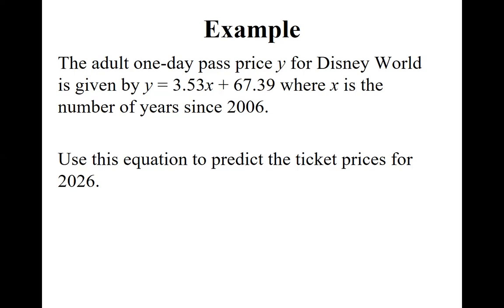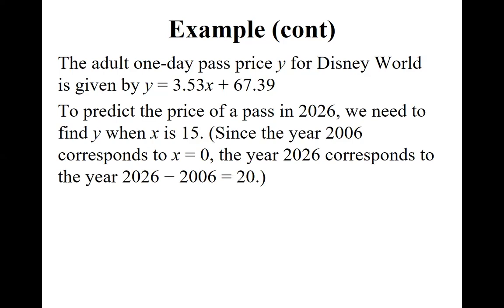Well, we're told that x is the number of years since 2006. In this case, 2026 would be 20 years since 2006. So x is 20. The price is y, so plug 20 in for x.